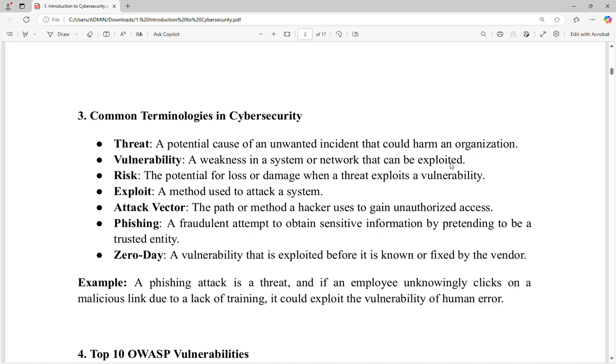And 70% of the attacks in this world today are due to human error. Sometimes it's configuration, sometimes phishing, and so on. Due to human error, sometimes insider.